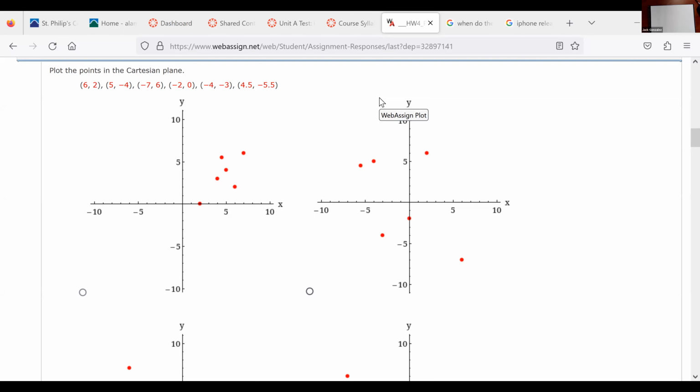So we should have another point here. So clearly A is wrong, right? Because it doesn't have 5, -4. B does not have 6, 2. That point's missing. So A and B are wrong.